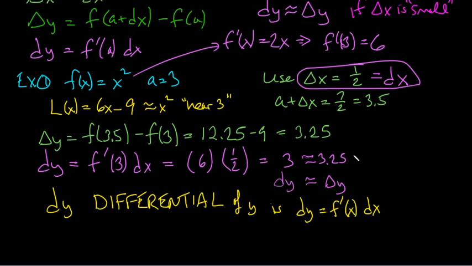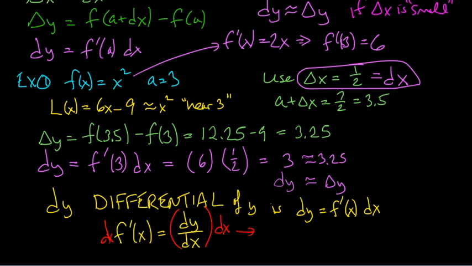You can think about just what the derivative of f is, f prime of x. It can also be written as dy dx. And so if I just multiply both sides by dx, and then write it in the correct order, I get that dy is equal to f prime of x times dx.